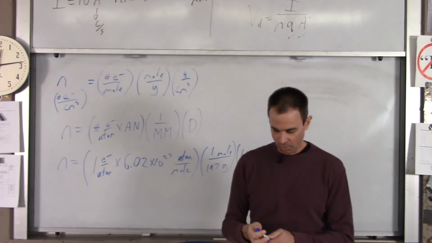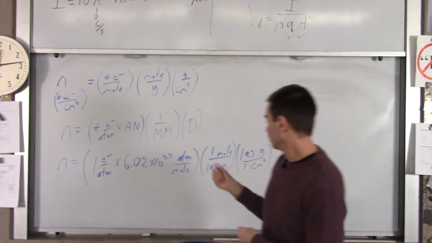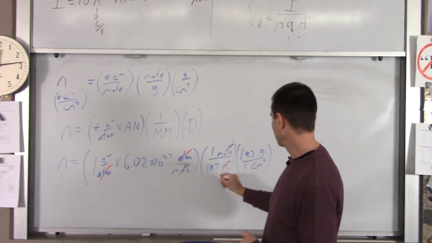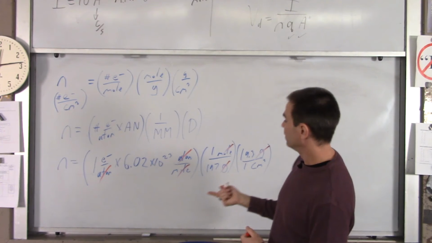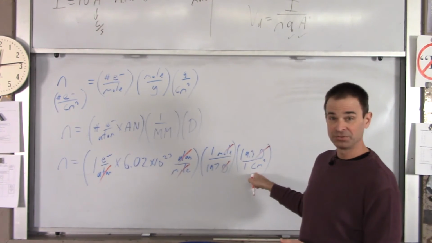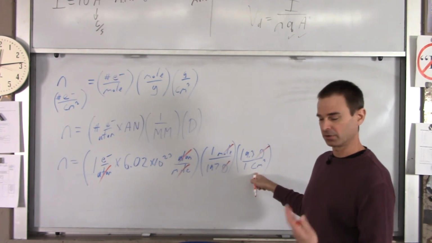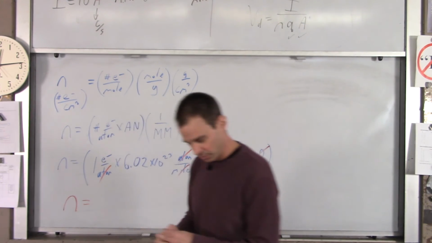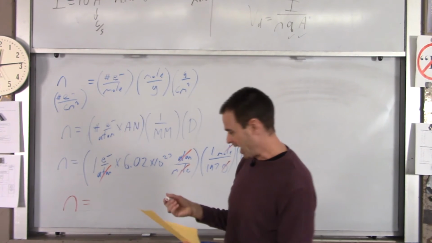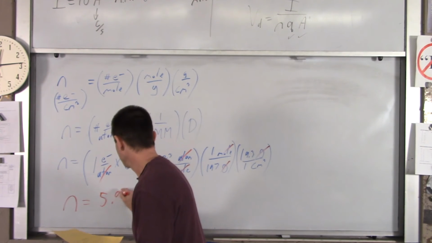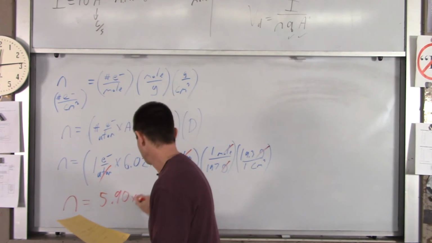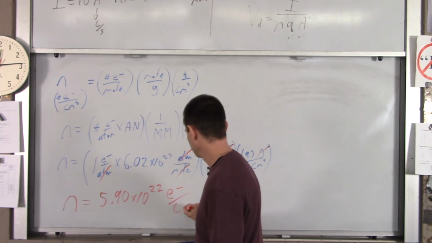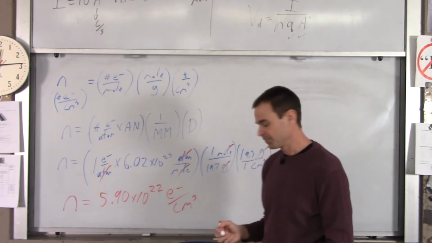You'll notice a whole bunch of stuff cancels, like the atoms, the moles, and the grams, and we have what we needed, the number of electrons per centimeter cubed that are carrying our current for us. I'll save you the trouble of doing the calculation. You are certainly welcome to check. But I got 5.90 times 10 to the 22nd electrons per centimeter cubed.